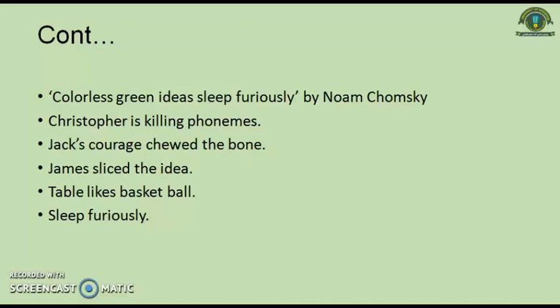"Jack's courage chewed the bones." Jack's courage and chewed are given in anomalous expression. The next example, "James sliced the idea." Can ideas be sliced? So sliced is given in anomalous expression. "The table likes basketball."